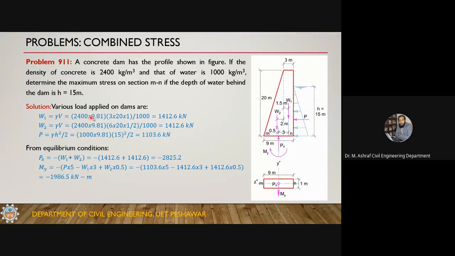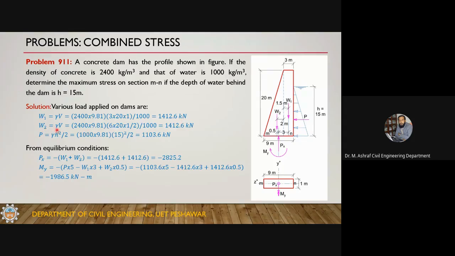The density is 2400, so multiply this with 9.81, and it will give you the unit weight. Multiply this with the volume. The volume of this portion is 3 into 20 into 1, divided by 1000 just to convert this into kilonewton. This results in 1412.6 kilonewton.